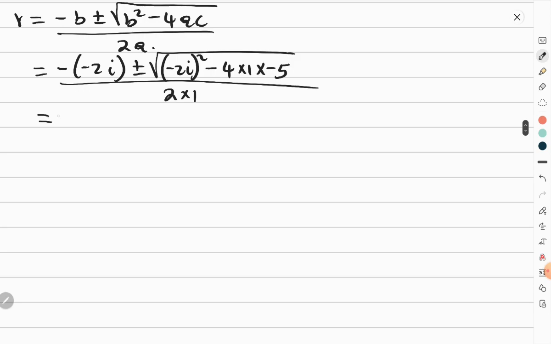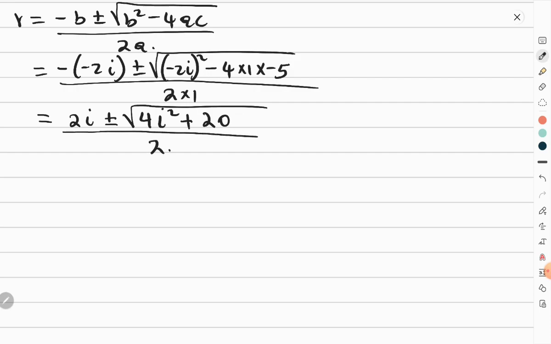Then it takes us to negative times negative, which is going to be 2i. Then we have plus or minus the square root of what? Negative 2 squared is 4, then i squared is i squared. Then negative 4 times negative 5 is just positive 20, all divided by 2.